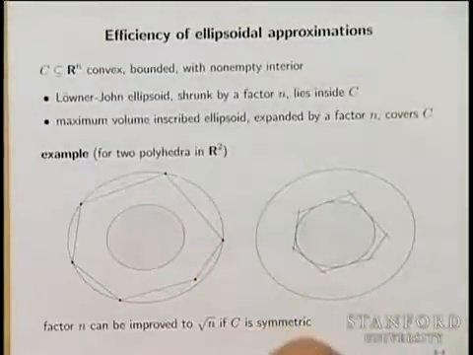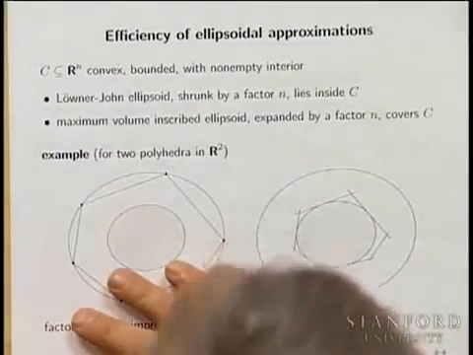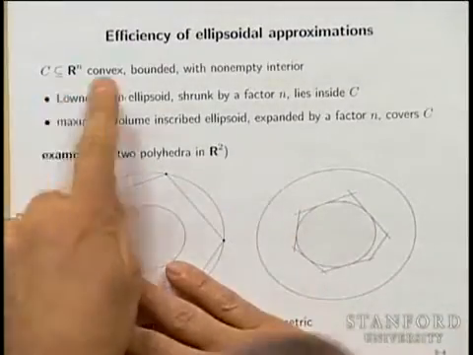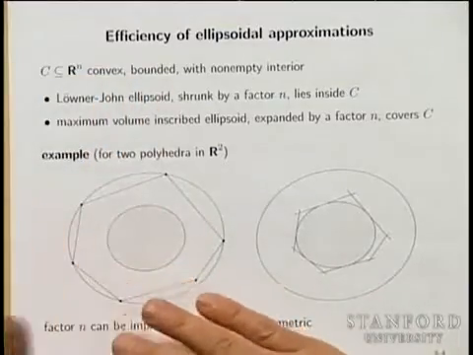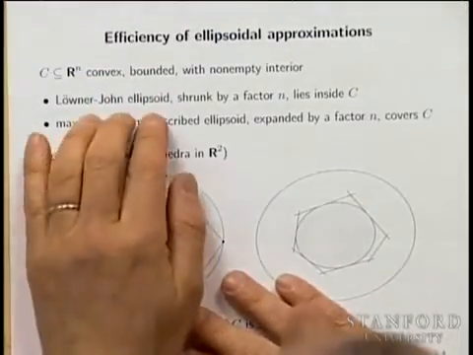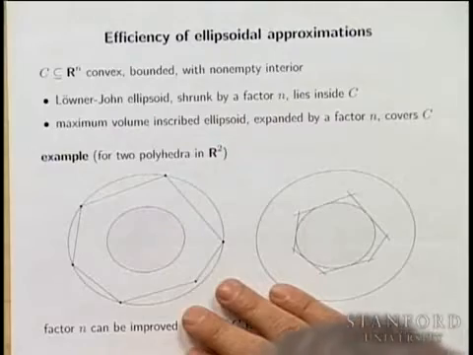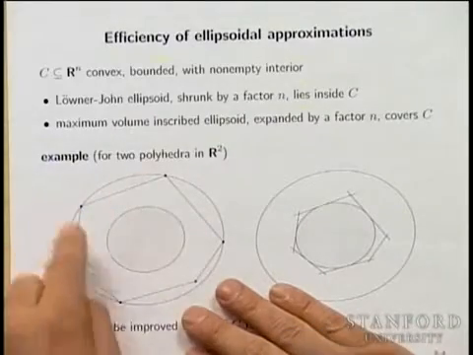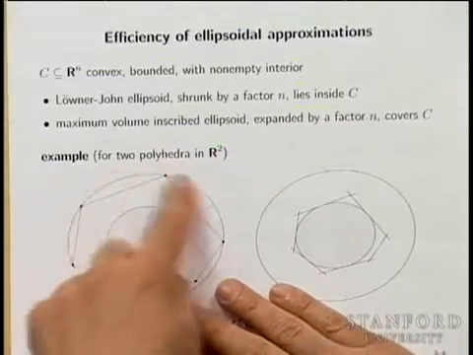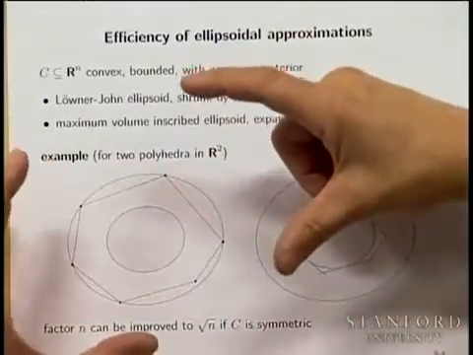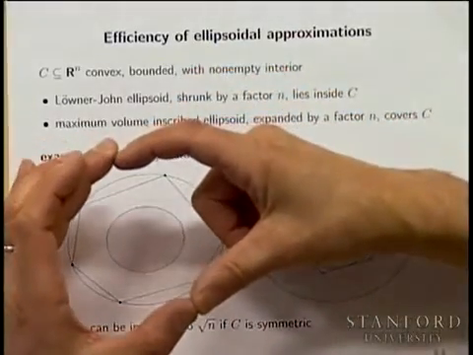Think about them. Okay, now there's an amazing fact here, and it's actually beautiful. It's a sort of fact about geometry. It's just absolutely beautiful, and it's this. Take a convex bounded set with non-empty interior and compute the Löwner-John ellipsoid. So that might be, say, this polyhedron here, and you find the minimum volume ellipsoid that covers it.